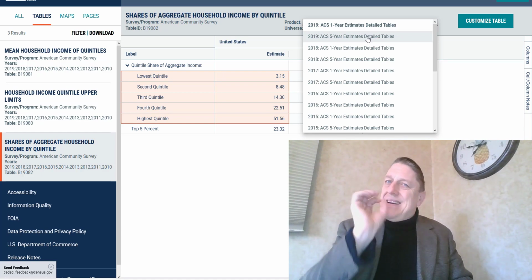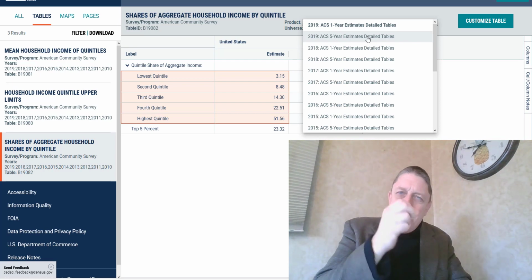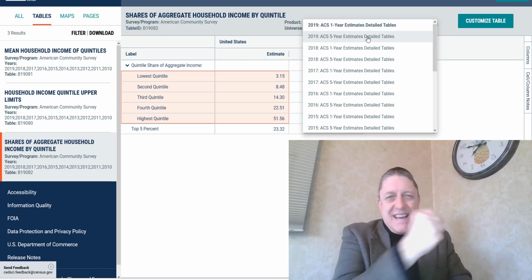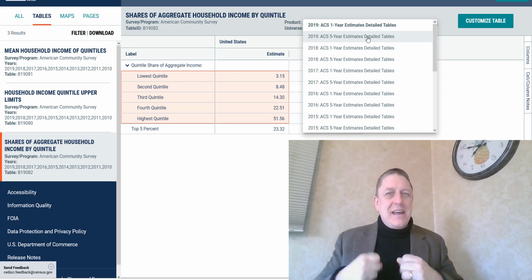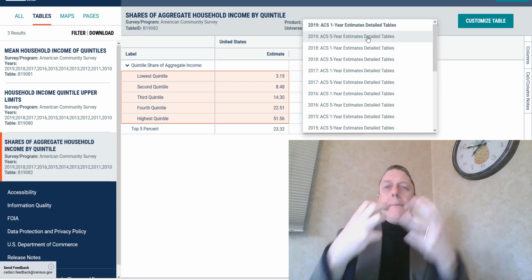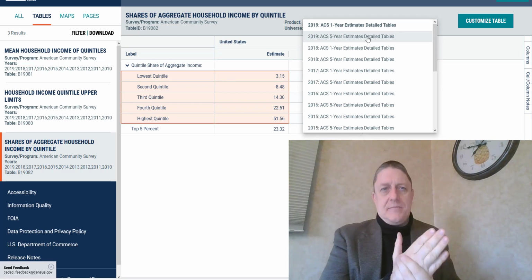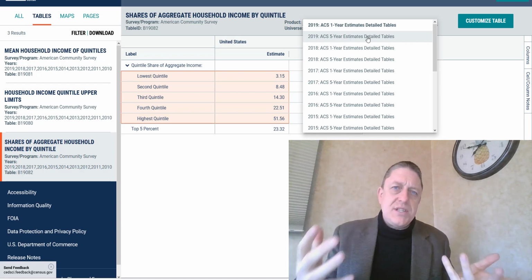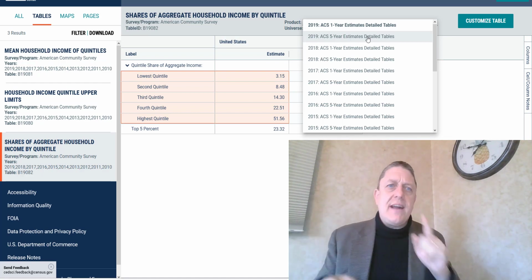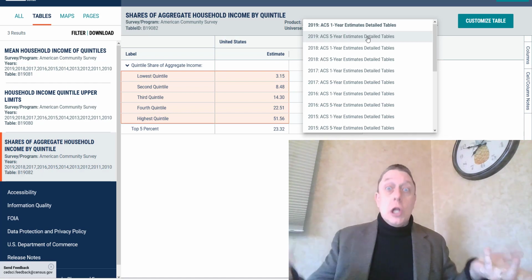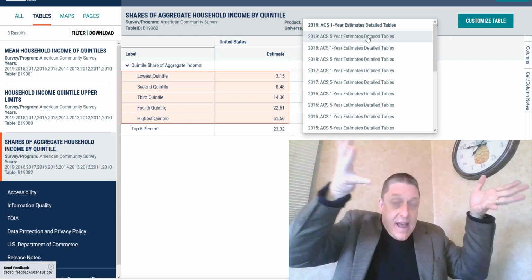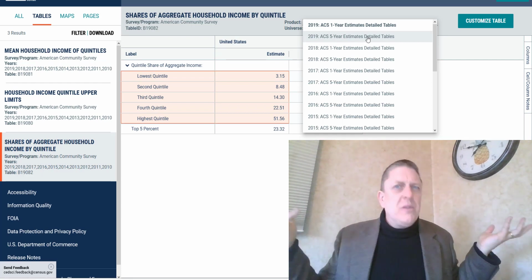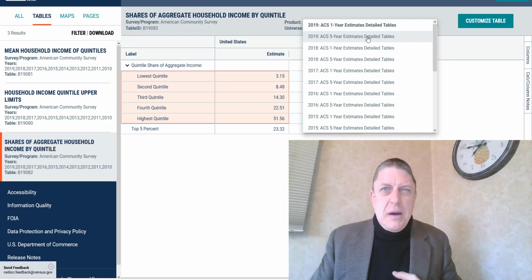Okay, so the disadvantage of that is that you aren't getting the up-to-date, latest year available information about trends in income inequality. So if you are most interested in trends in income inequality within the United States, by all means, look at those 1-year estimates, either at the national level or at the state level for most states that are pretty populous.